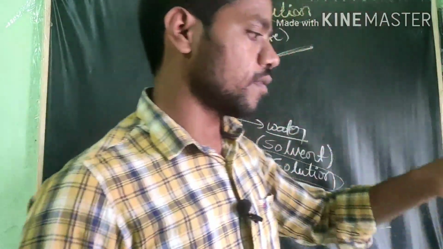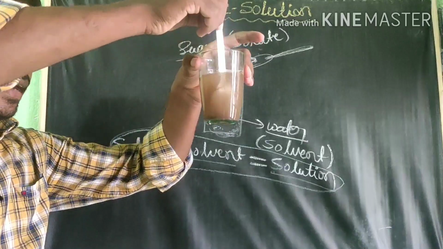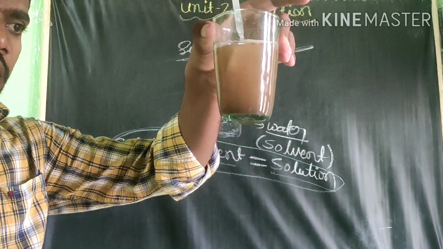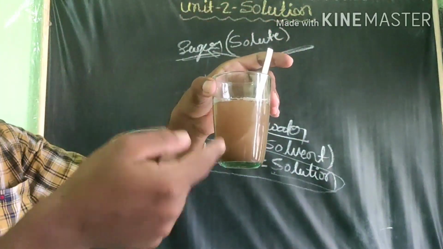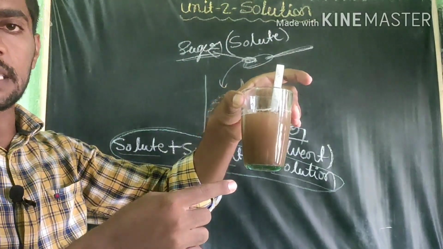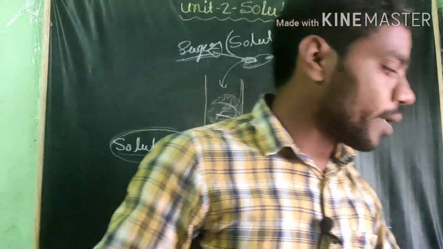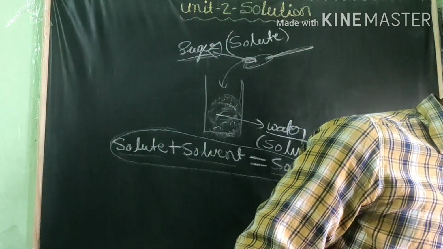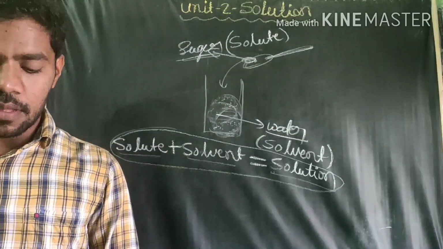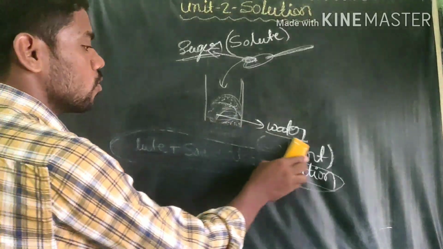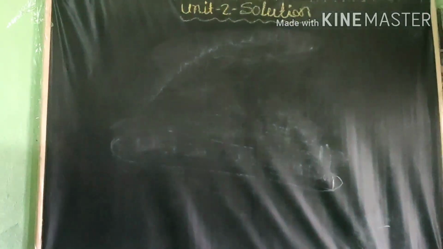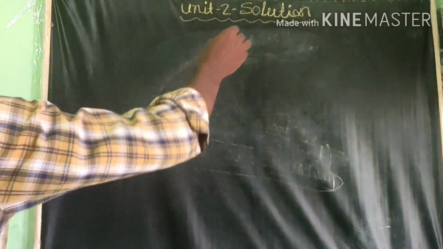You observe this. You see here, this is sand. This sand will be settled down. Therefore, it is not completely soluble. This is not soluble in the water. Therefore, based on this, solutions are classified into two types.